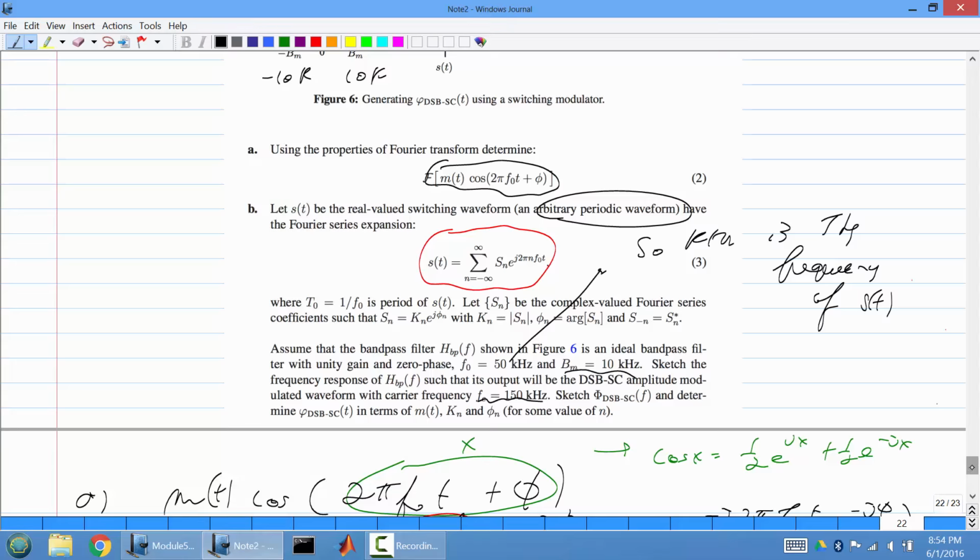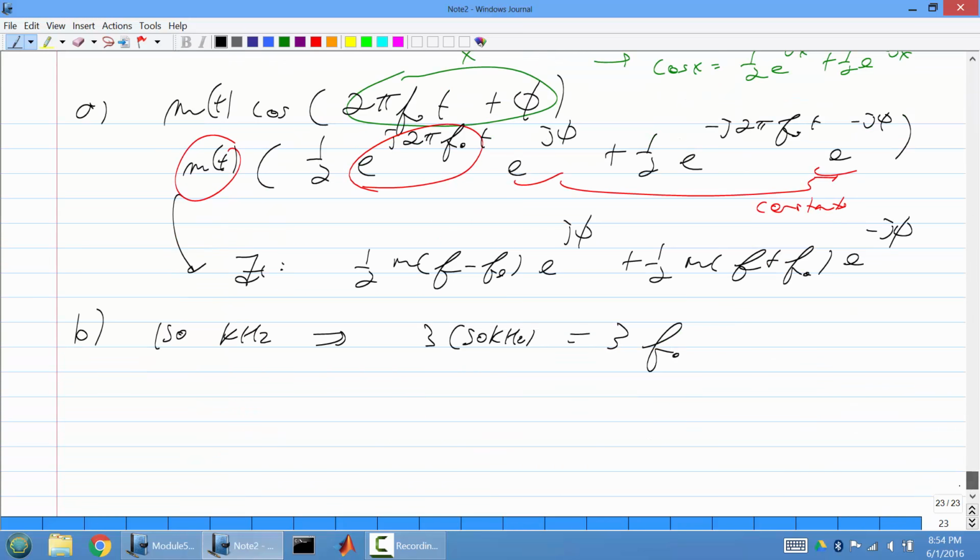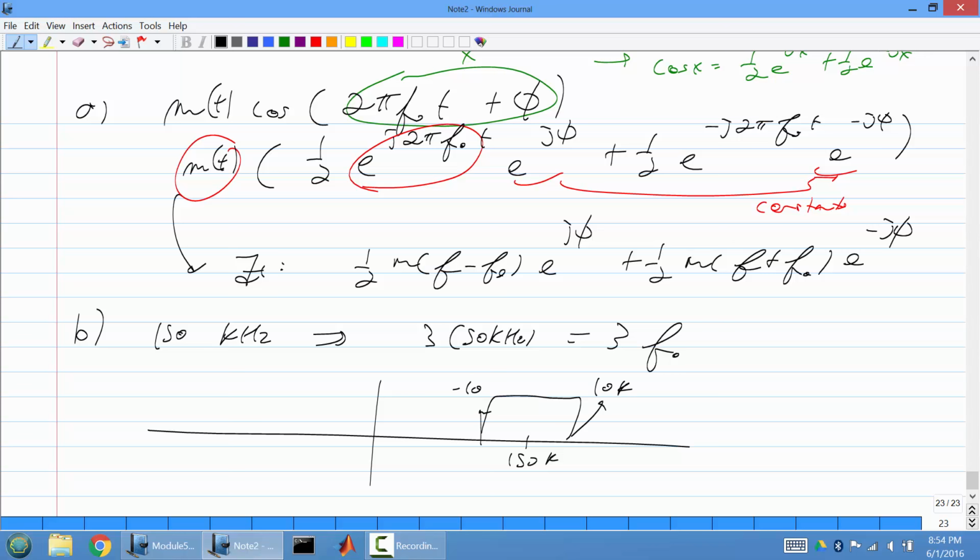So when you put a bandpass filter centered at 150 kilohertz, you're actually grabbing the third coefficients. You're designing a filter centered at 150, minus 10 and plus 10K here. They want you to design a bandpass filter that'll actually get that.